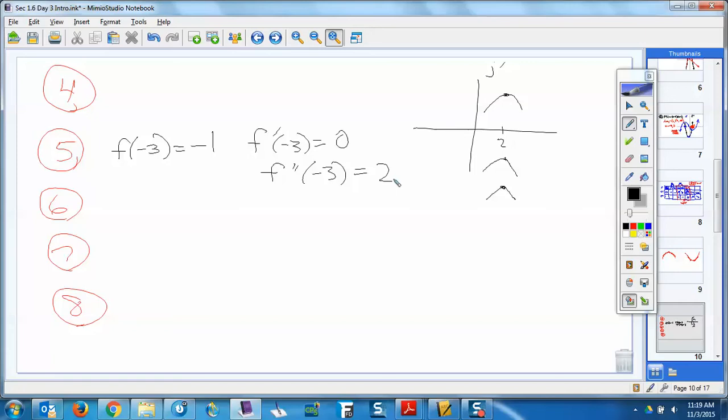So what do you think the correct answer is? Yes. Why? Because F prime equals 0, which makes it a stationary point, and then the F double prime gives it a slope, and so it's going from negative to positive for the y values.